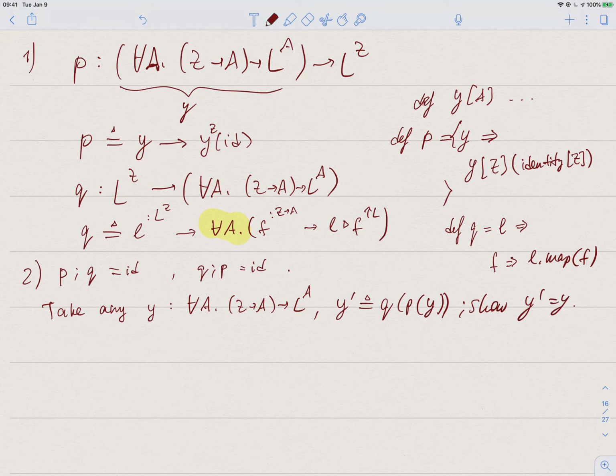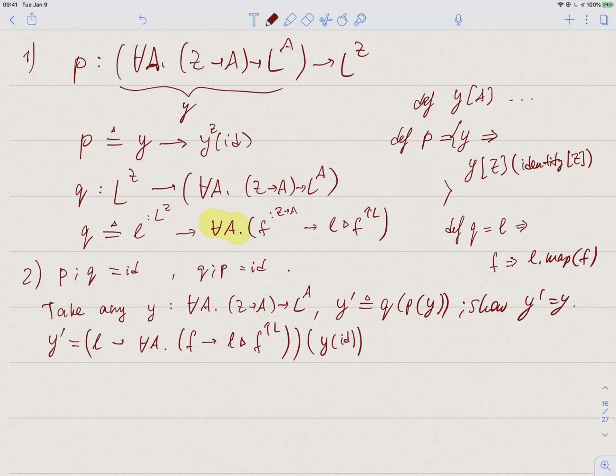So first let me compute Q of P of Y. So Y prime equals Q, which is this definition, L going to, for all A, F going to L substituted into FL. So Q must be applied to P of Y. So what is P of Y? P of Y is just Y of identity.